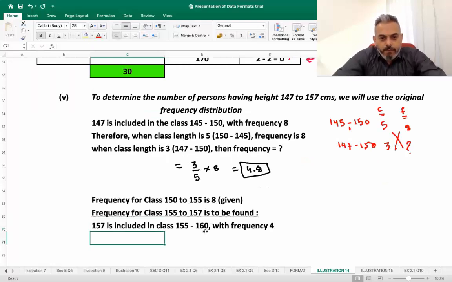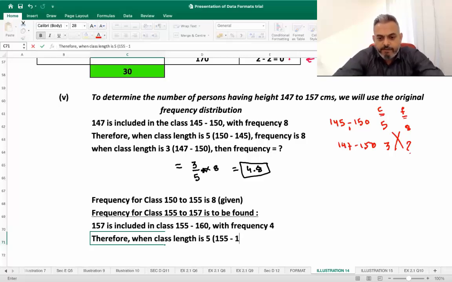Therefore, when class length is 5, that is 155 to 160, frequency is 4.